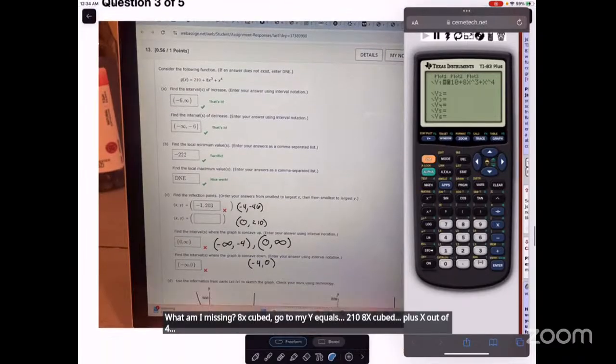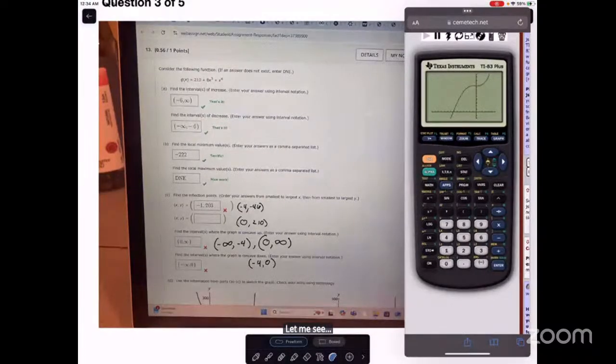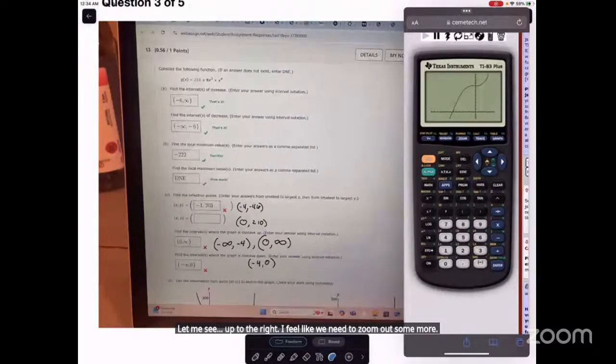Local max. Let me see. It should be going up to the right. I feel like we need to zoom out some more. What was our local minimum? -222. That's what it is.